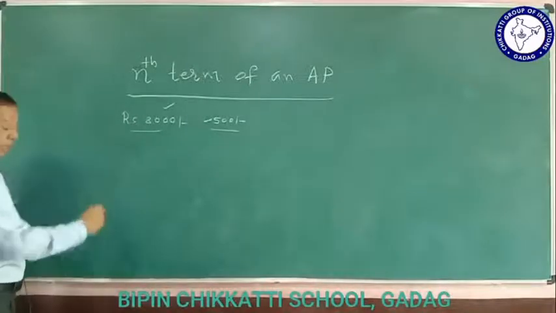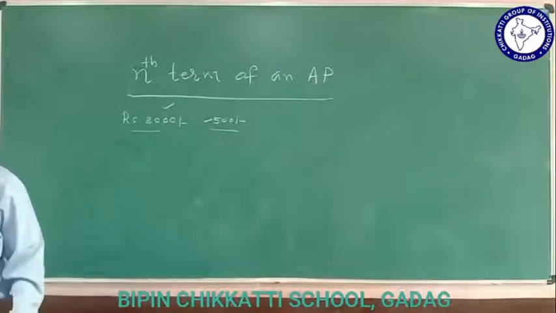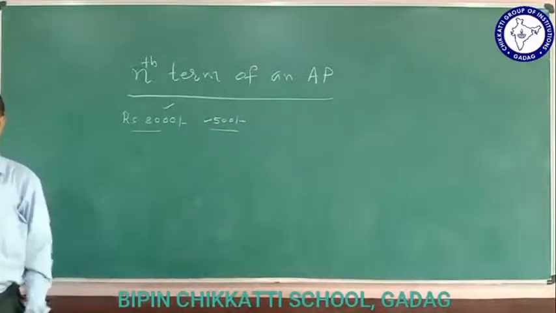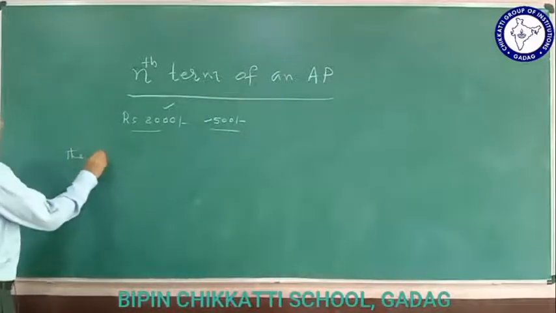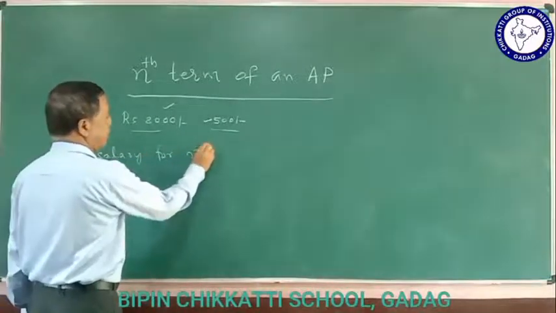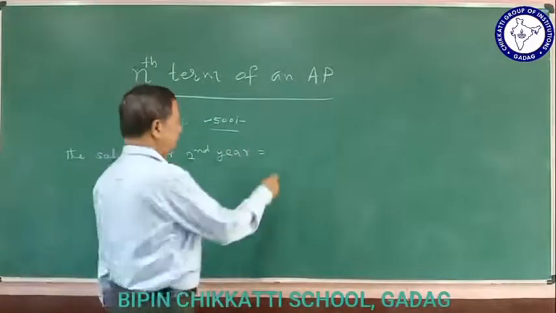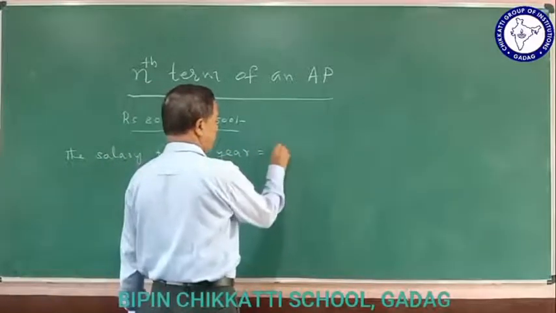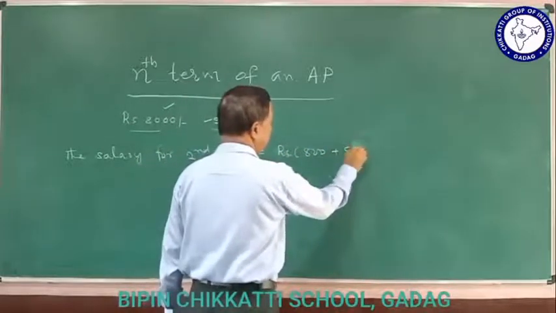Here you have to find the salary in the second year. The first year, it is understood, is Rs 8,000 per month. After completing 12 months, that is after completing 1 year, we have to work out the salary for the second year. What is the salary for the second year? You know Rs 8,000 is there, and for the second year you add the 500 increment.